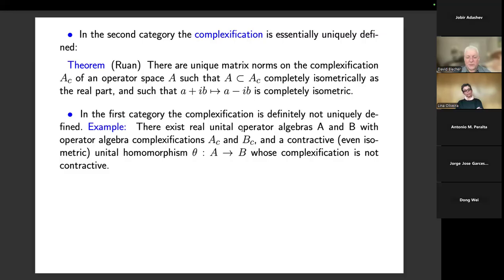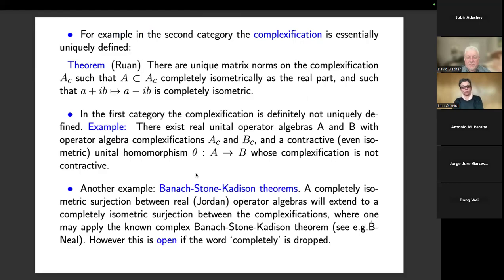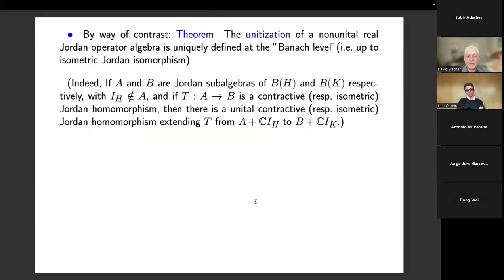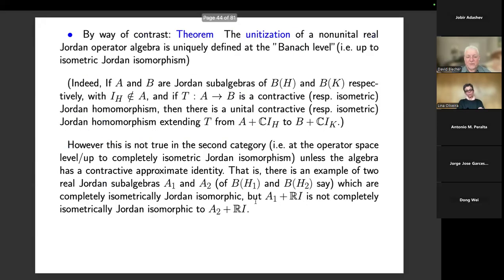You can find, for example, real unital operator algebras A and B with two quite different complexifications. Similarly, for Banach-Stone theorems, there are very nice Banach-Stone-Kadison theorems for completely bounded maps, but not with contractive maps or isometries.